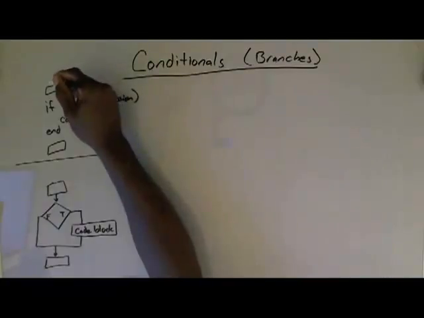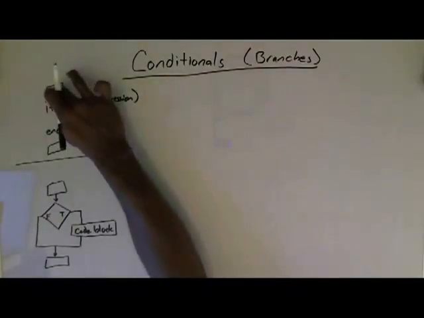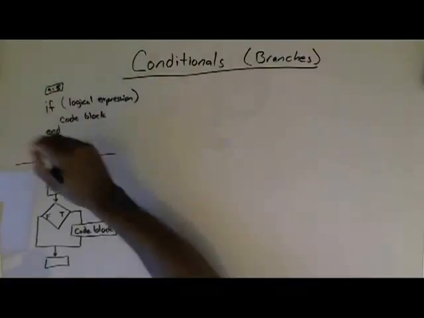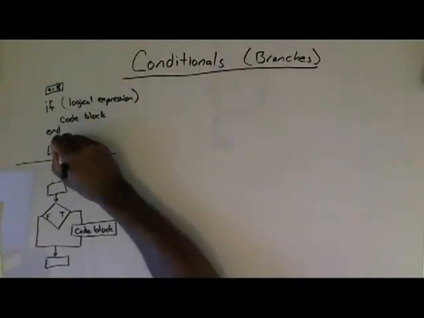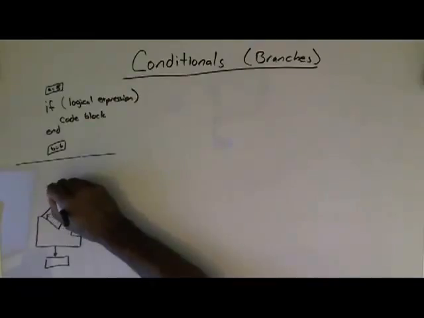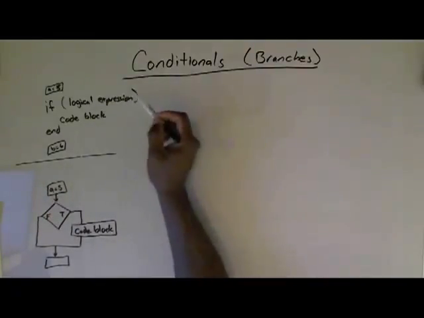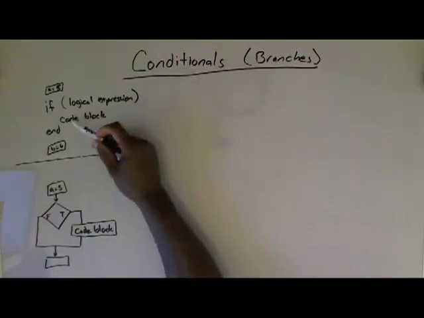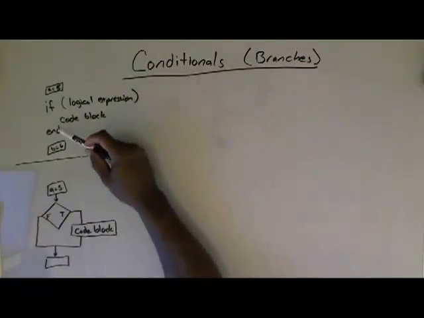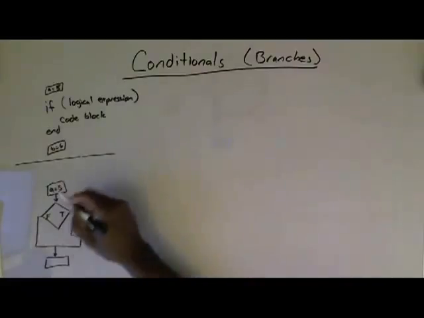So I've got some statement here. Let's just say it's A equals 5. And I've got another statement here, B equals 6. So I would execute A equals 5. Then I would do this test. If some logical expression is true, then do this code block here, and then end.